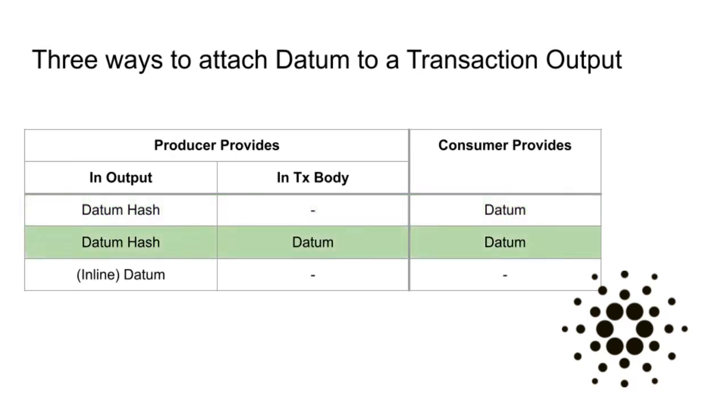The second option is that the output again just contains the hash of the datum, but the transaction itself in its body contains the full datum value. This makes that transaction bigger and hence a bit more expensive, but it also puts the actual datum value onto the blockchain so that other parties can look it up and then potentially spend this UTXO.